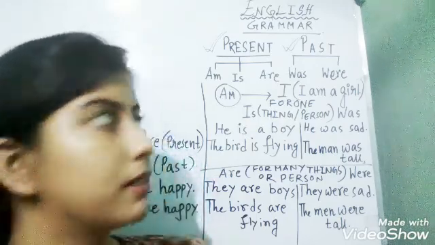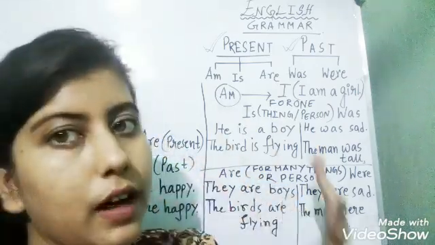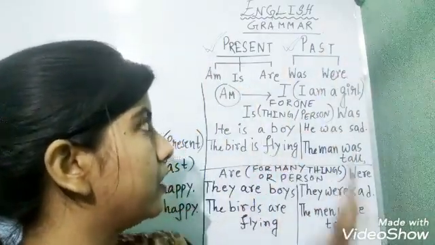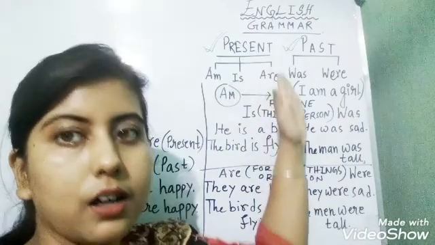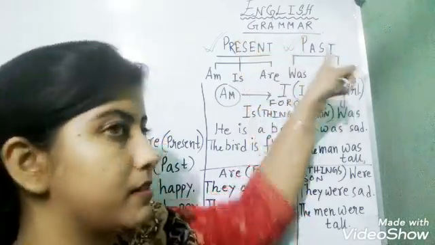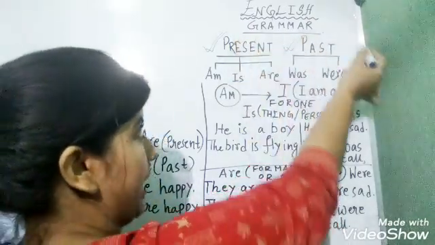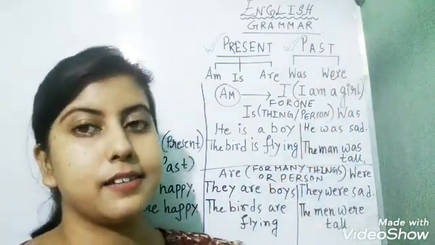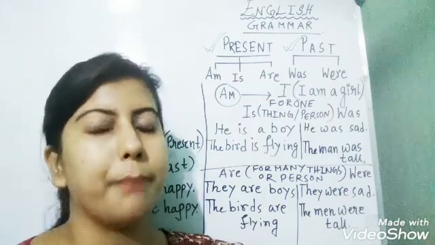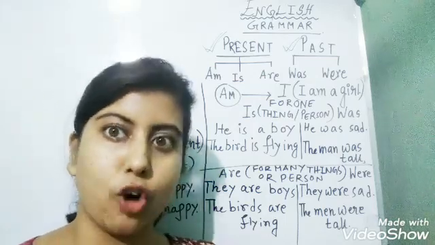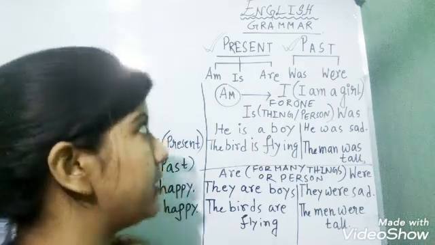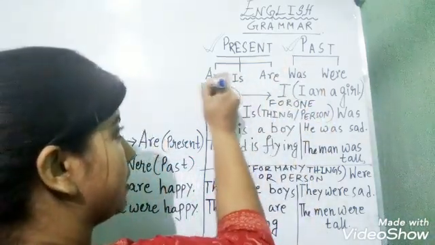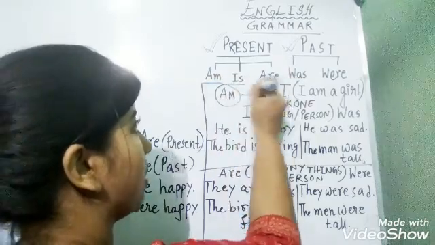First, children, look at the board. I have made two different parts. The two parts are present and past. Present means everything that is happening now, and the past means everything that has already happened. Now in the present tense, we have am, is, are.